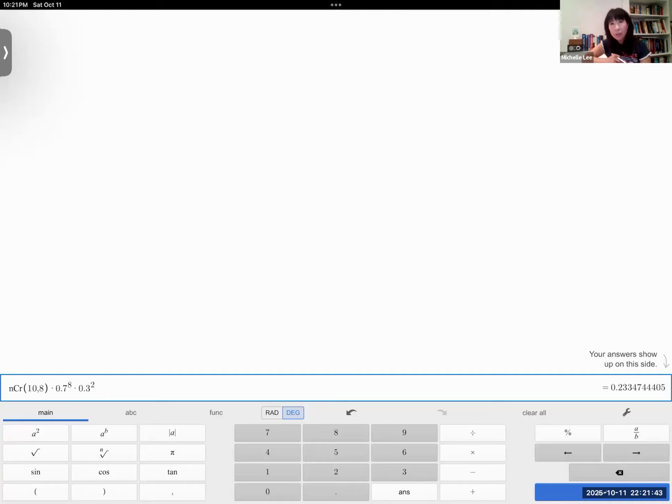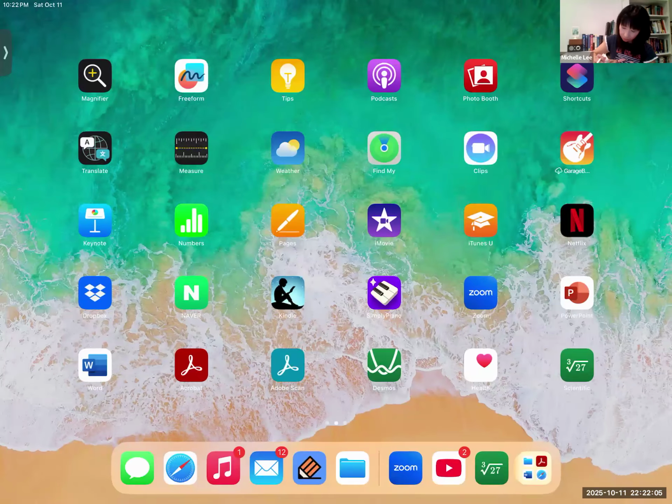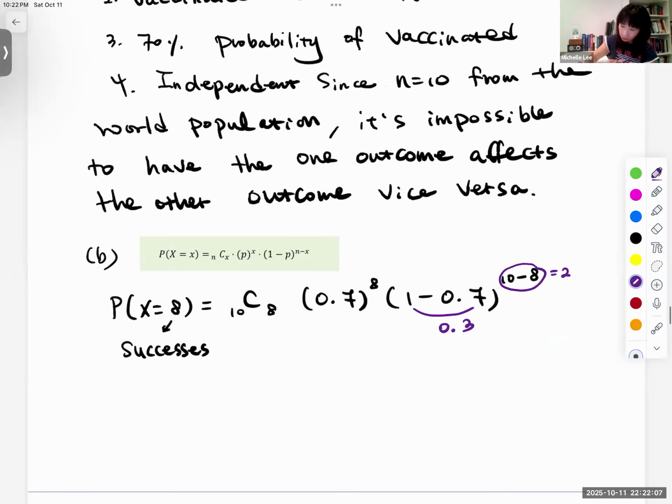That's the answer: 0.23347. If we round to 4 decimal places, it is 0.2335.